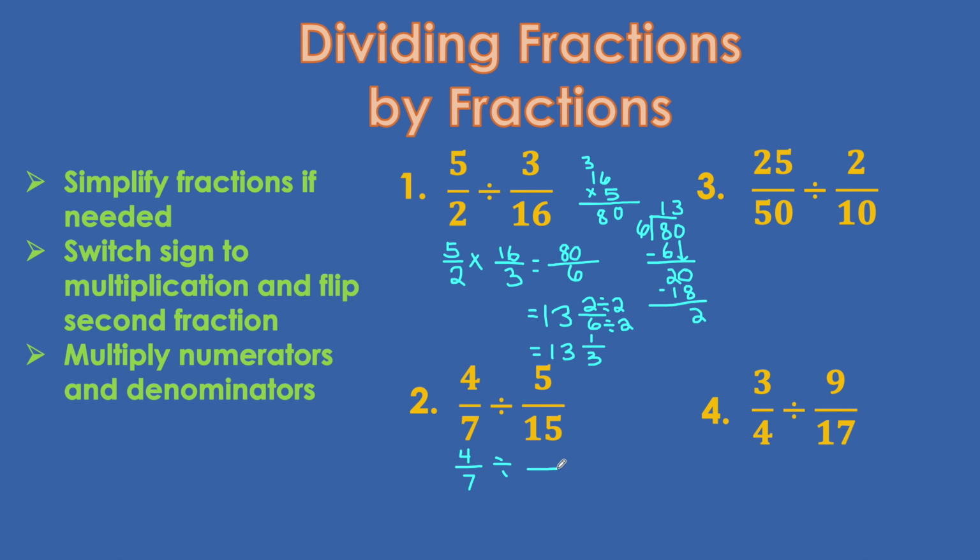As you simplify the fraction, 5/15. You can divide top and bottom by greatest common factor, which is going to be 5.